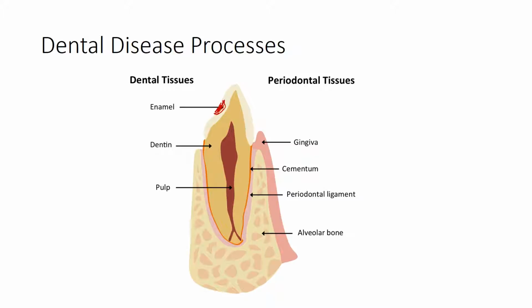When the demineralization and the decay process extends into the dentin, this is often symptomatic because, as I mentioned before, there are cellular processes that extend into the dentin with these cell bodies that lie inside the pulp chamber.